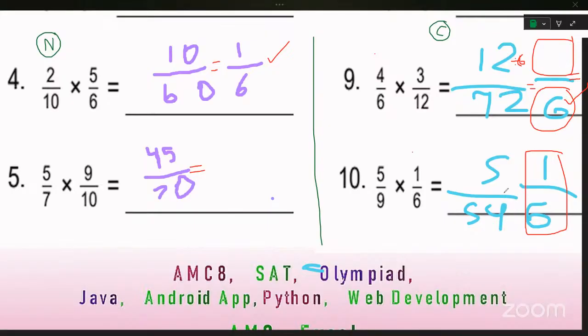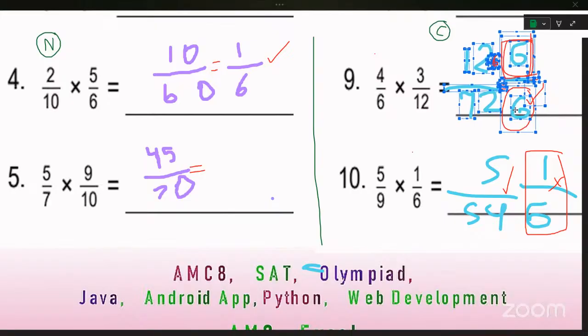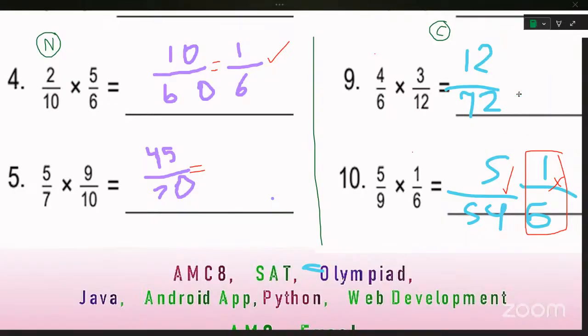We cannot simplify; this is right, then this is wrong. Are you getting it? How did you get 6 here again? Pay attention to what you are doing. Do not get diverted. If you do not pay attention, what do you have to do? You can divide by 6.